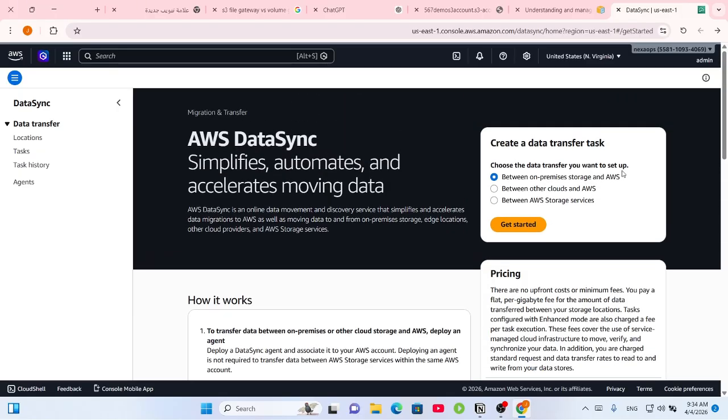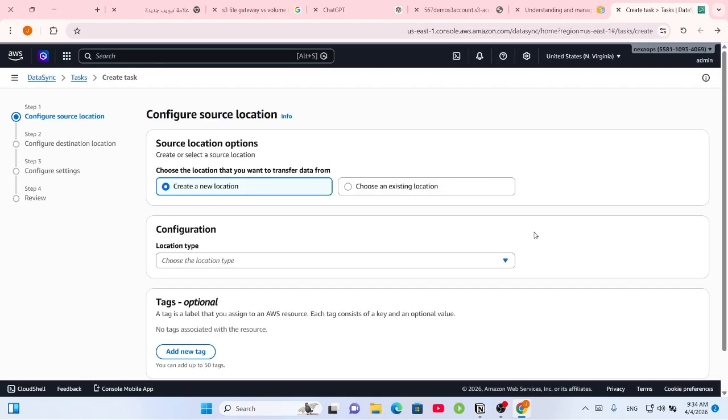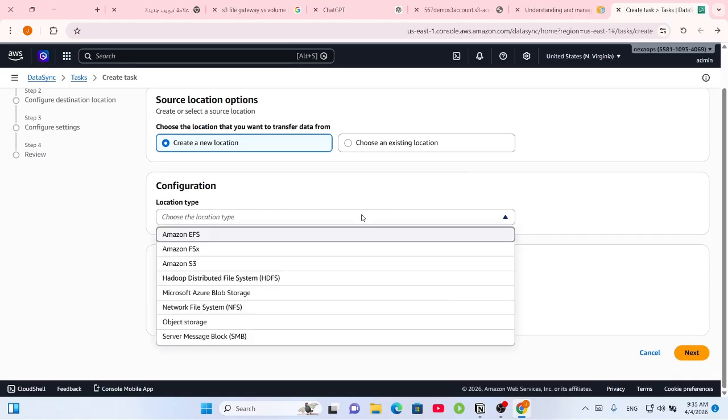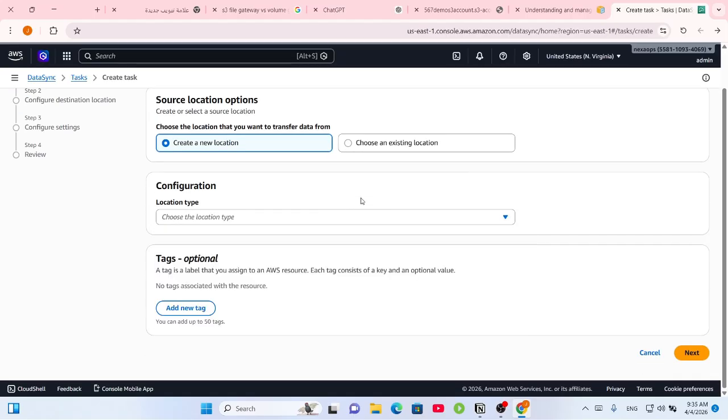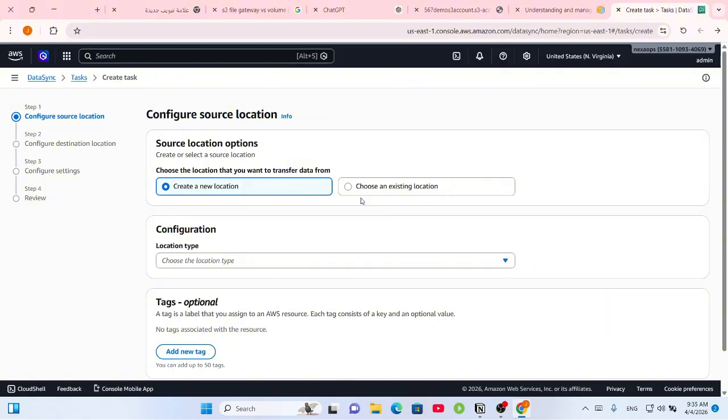Data migration is used for data migration, archiving cold data, and data protection. Choose the data transfer you want to set up: between on-premises storage and AWS, between other cloud and AWS, or between AWS storage class services. So we can choose from create a new location, location type, that you want to transfer data from.